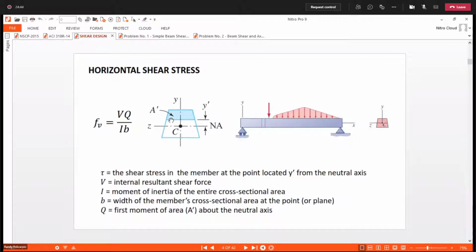Whatever the width of your section is on this line, that will be your B. So at a y prime distance from the neutral axis, what will be your B here? That is the width on that line. That is how you make use of this formula. At different y distances from the neutral axis, you get the shear stresses using this formula.